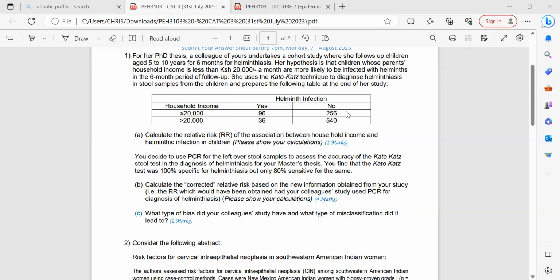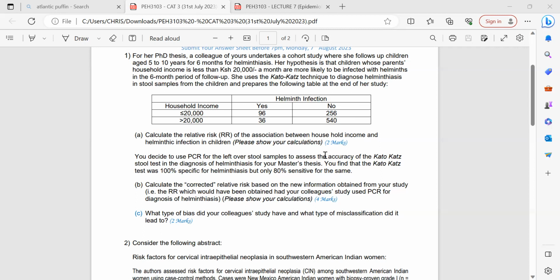Wait, Ruben, I agree with you because the specificity was 100%, so we won't do 80% of the no's. I was just about to ask, because all these samples were subjected to a test.